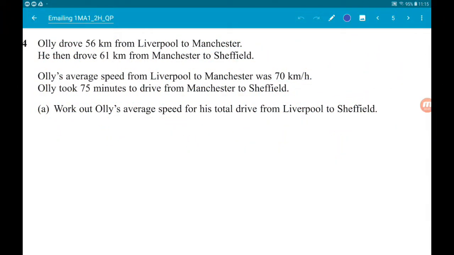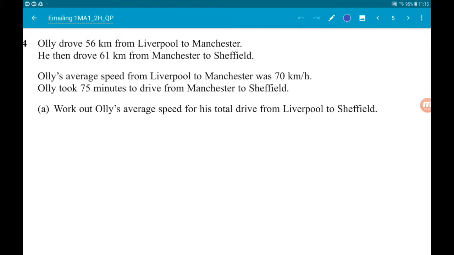Okay, number 4, we have some speed, distance, time fun. So, Ollie drives 56 kilometres from Liverpool to Manchester. He then drives 61 kilometres from Manchester to Sheffield.